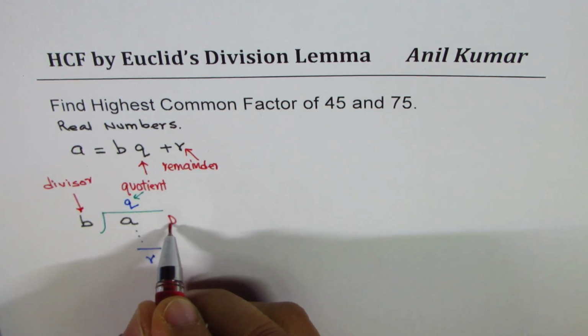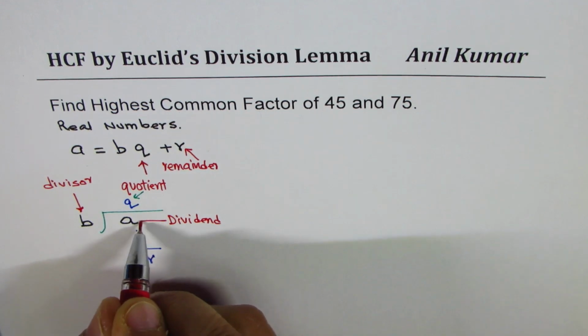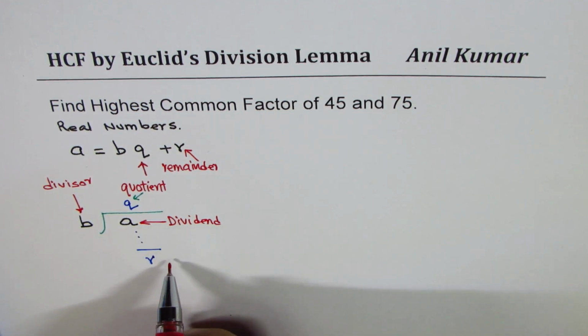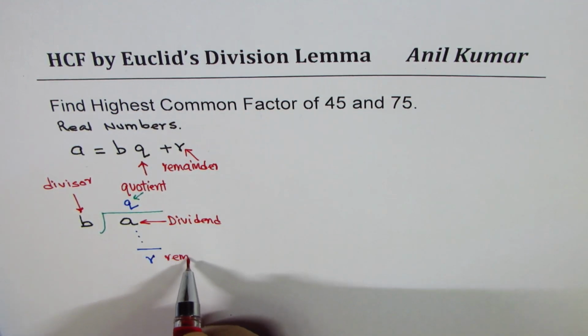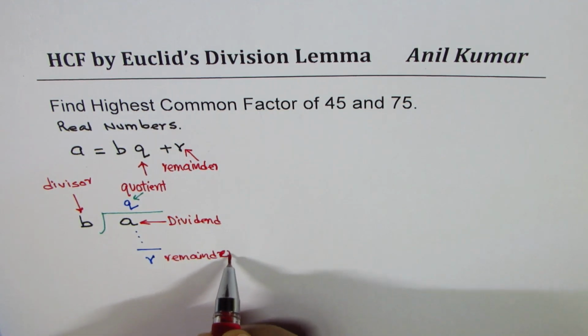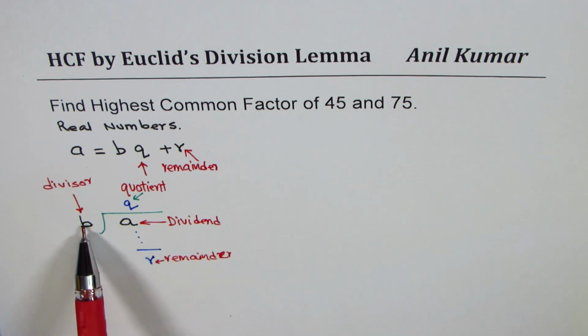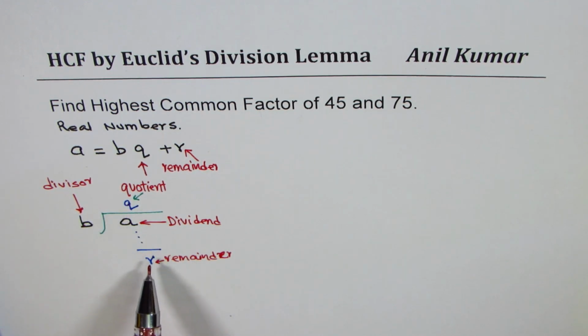This is called dividend. And that is the remainder, r. Is that okay? So that is what the statement is. So I can write a as the product of divisor and quotient plus the remainder, right?